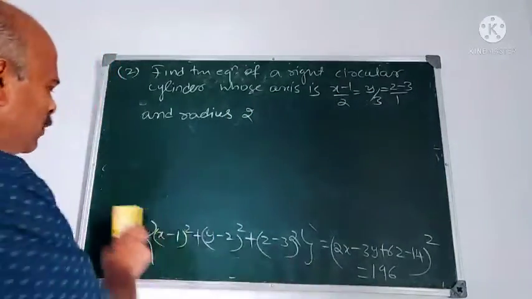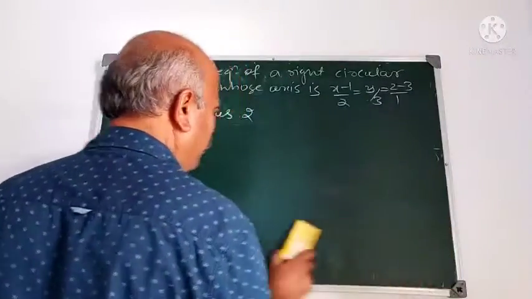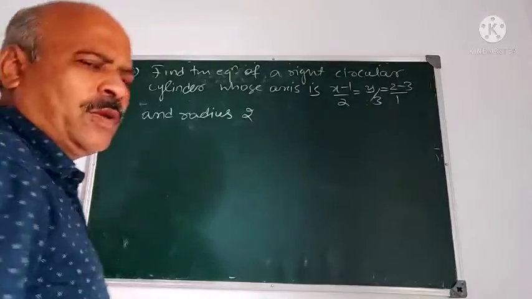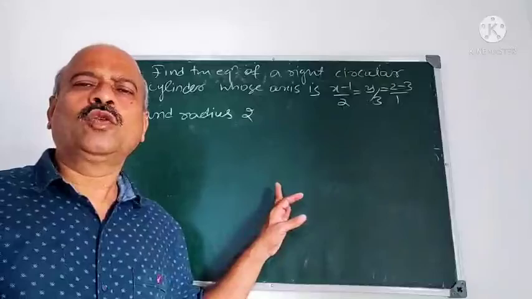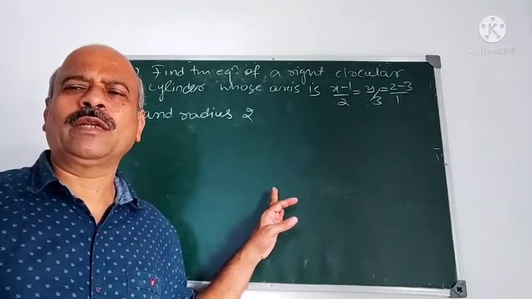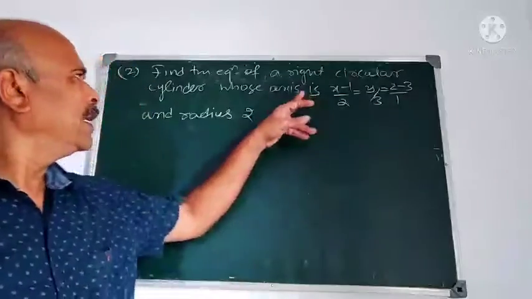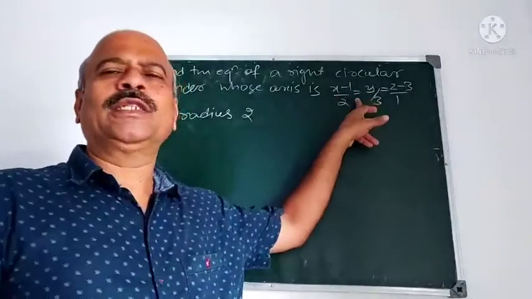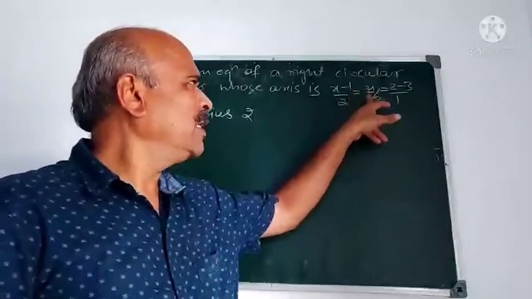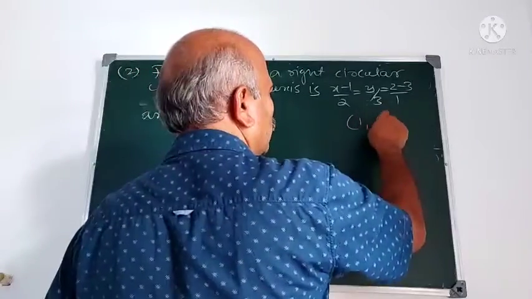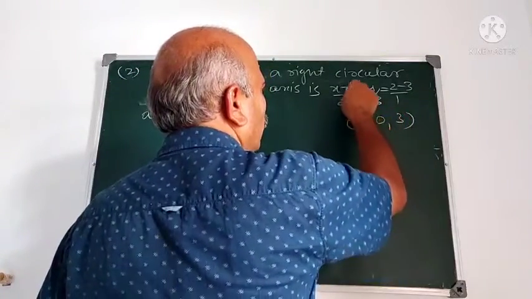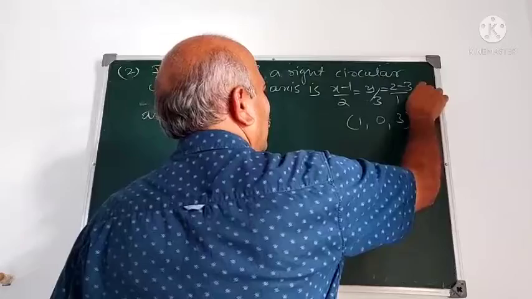Can you find any difference between the previous problem and this one? In the previous problem, the point through which the axis passes was given. But here the equation of the axis is given. By seeing this equation you can easily understand this axis passes through (1, 0, 3), because (1, 0, 3) is a point on this line.